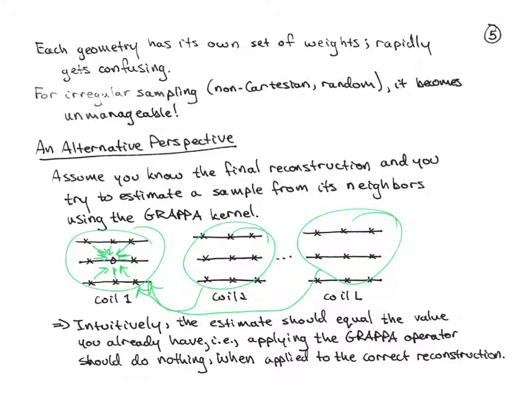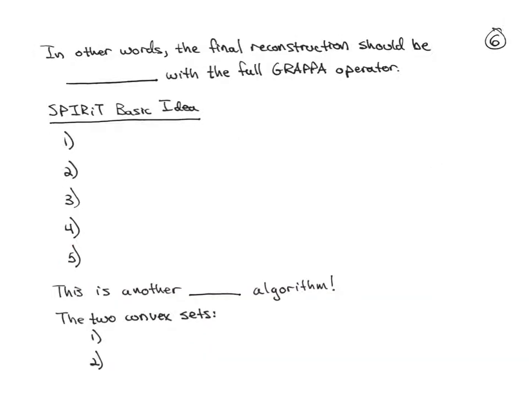In other words, applying the GRAPPA operator should do nothing to this data point when it's applied to the correct reconstruction. That really is the whole basis of SPIRIT: the final reconstruction should be consistent with the full GRAPPA operator.